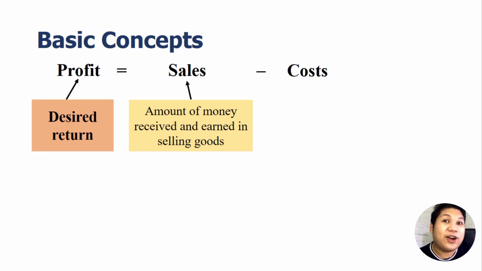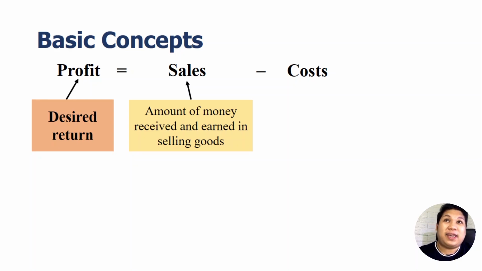It is the gross amount, the gross revenue. So if you are into selling goods, then the price of the good sold times the number of units sold, that is the sales, without deducting yet the costs of that good.